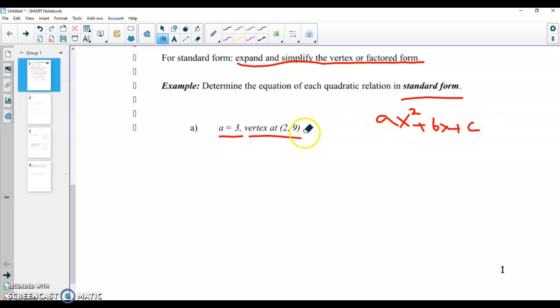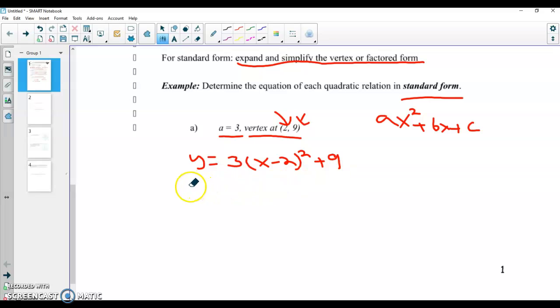We don't have b and c currently, but we do have enough information to write down our equation in its vertex form. So we can write y is equal to 3, which is the a. The vertex is 2, 9. So this is our h value over here. Remember, we switch the sign, so we have x minus 2 squared. And then this is our k value over here, plus 9.